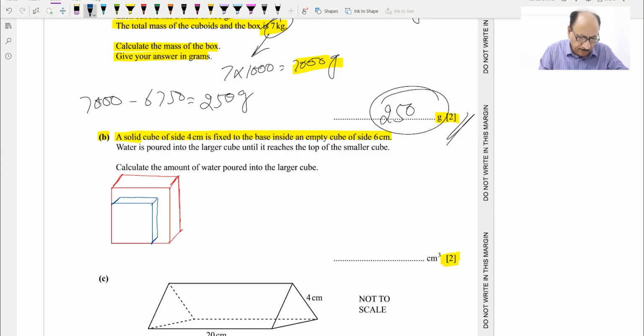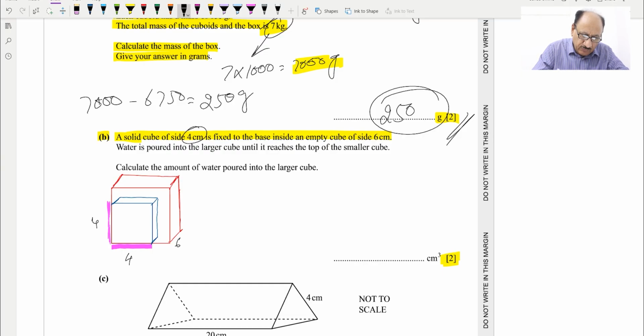Okay, this is done. Now this one up to this is 4 centimeter, this one 4 centimeter, and the height of the smaller cuboid is also 4 centimeter, but the bigger one is having 6.